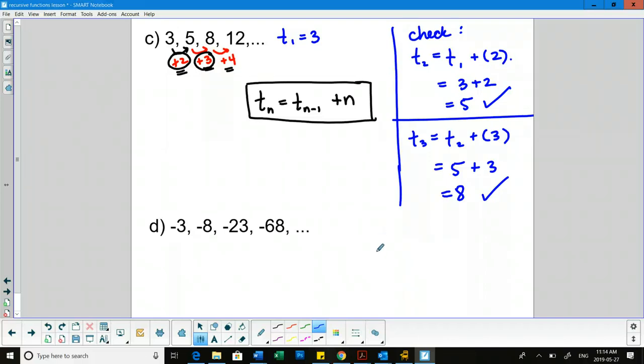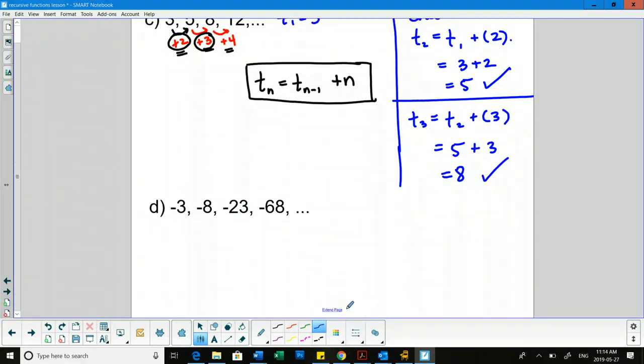Okay, did anybody get a chance to find our pattern for part D? No? Times by negative 5? Well, here we're adding negative 5, right? Okay. If you're watching the video right now, take a second and pause this and see if you can find the general pattern. Alex, did you find a pattern here?